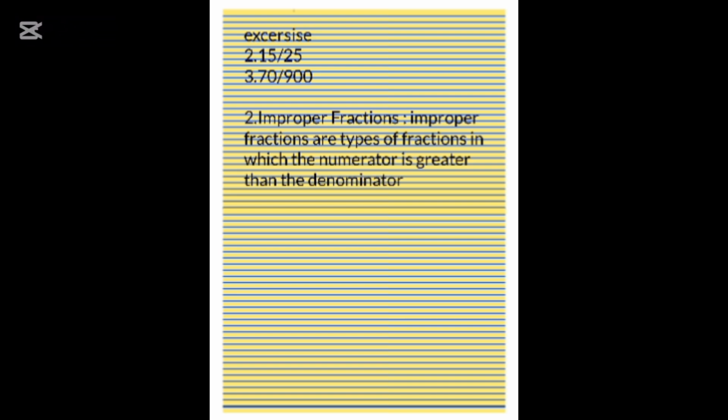As you can see, in a proper fraction the numerator is lesser than the denominator, and in an improper fraction the numerator is greater than the denominator. So let's give examples.